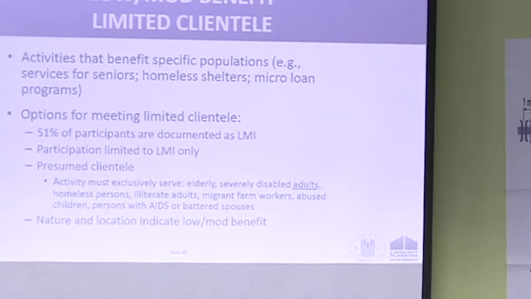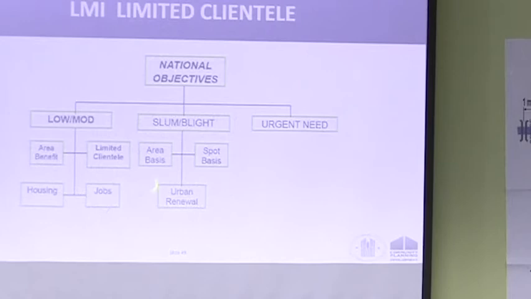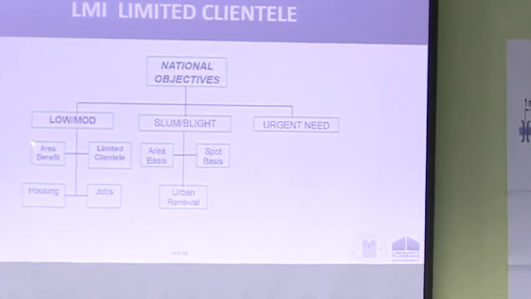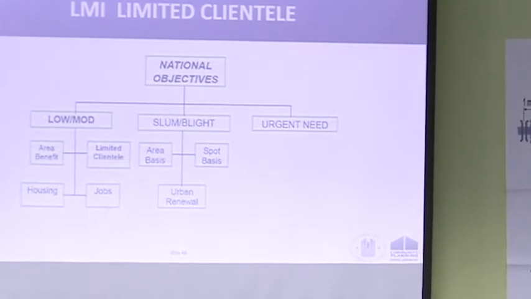So when we look at these two categories, note that if you're able to do an activity and it qualifies under both, you always try to go with area benefit because you make it eligible once, and once it's eligible, you're free to implement that activity.